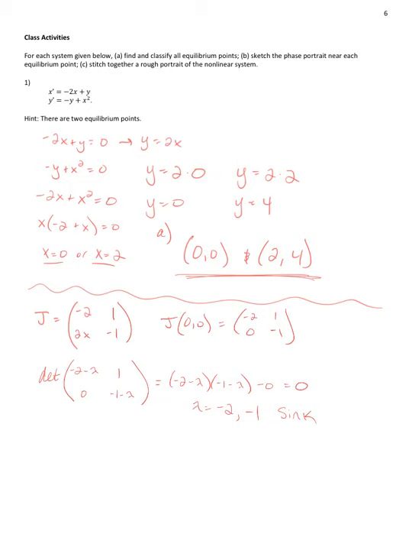So the straight line solutions I get by solving AV equals lambda V. Lambda, we'll do the -2 first. So I get -2x plus y equals -2x. So if I add 2x to both sides, I get y equals 0, which means an eigenvector would be (1, 0).